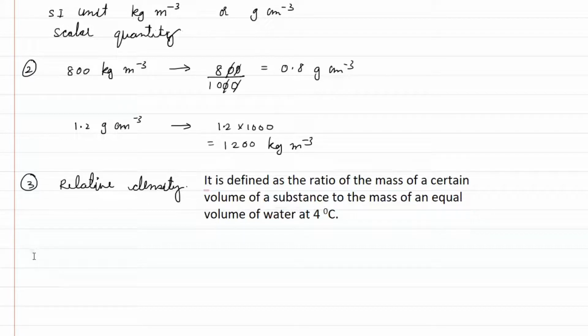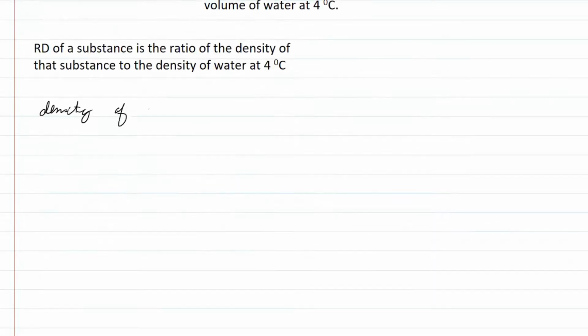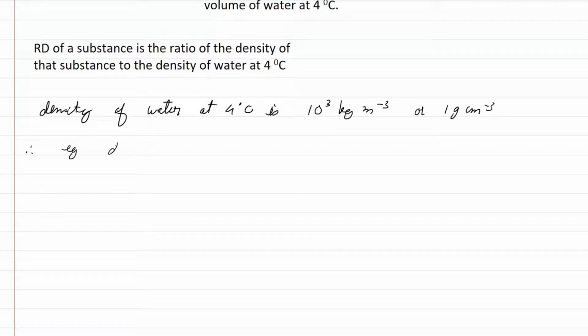But the easier way to define relative density is the density of that substance to the density of water at 4 degrees Celsius. Density of water at 4 degrees Celsius is 10 to the power 3 kg per meter cube, or 1 gram per centimeter cube.